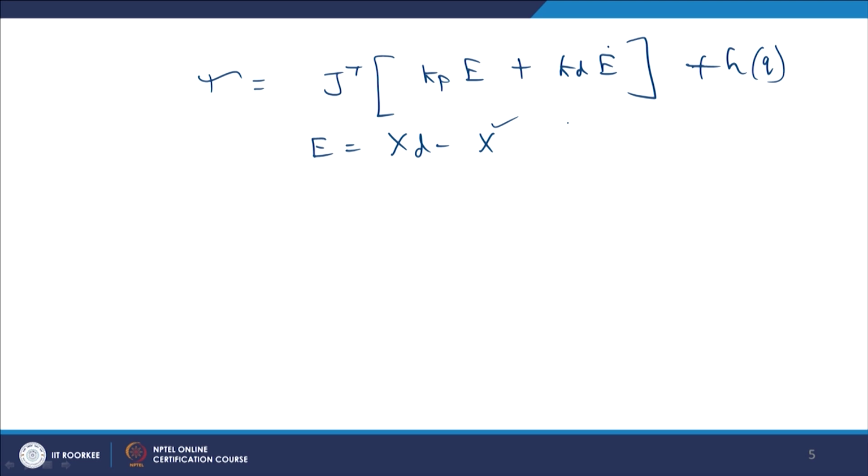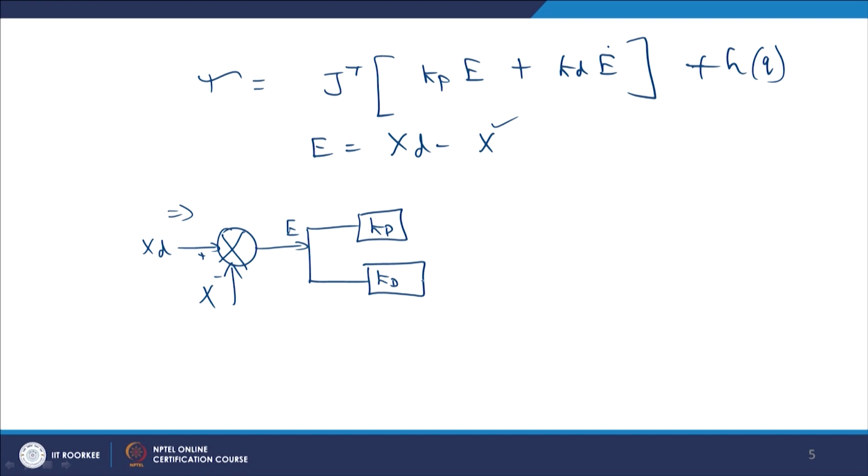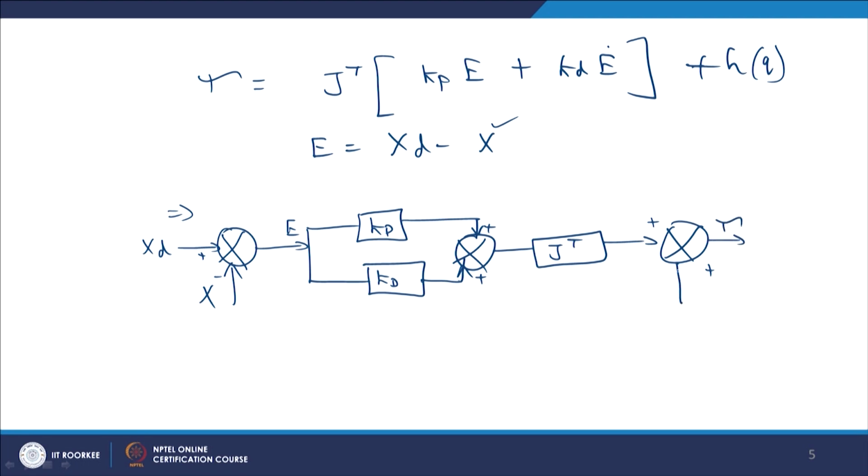Thus, the block diagram pertaining to this control law is given by: desired, x actual, Kp, Kd, multiplied by the J transpose, summed up here to give the joint torque that goes to the torque controller.